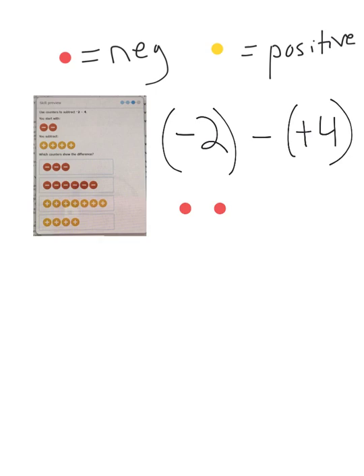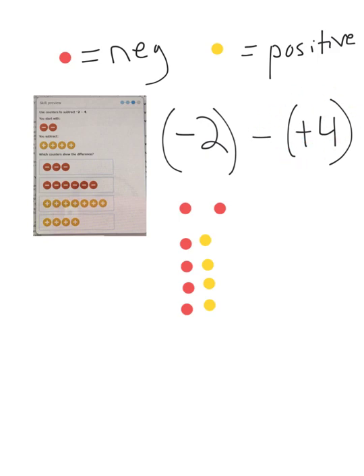I'm just going to put with this negative 2 four zero pairs that won't change the value of negative 2, but will allow us to take away 4 positives. So I'm going to add 1, 2, 3, 4. 1, 2, 3, 4. Now, as per the question, I want to take away 4 positives.